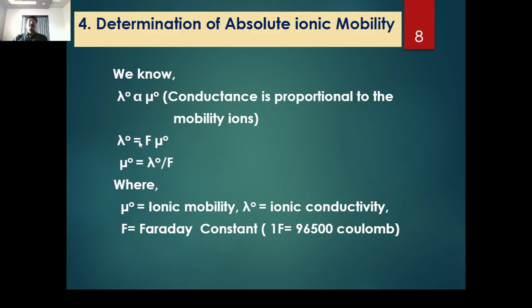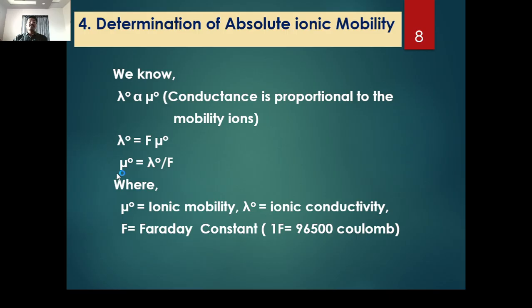Therefore this conductance is equal to F into mu, where mu is equal to lambda divided by F, and F is nothing but Faraday's constant, whose value is 96500 coulombs. Here mu 0 is the ionic mobility, and lambda 0 is the ionic conductivity.